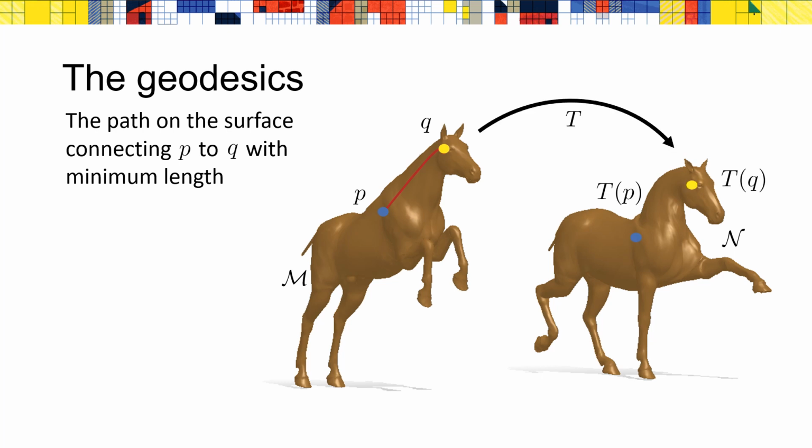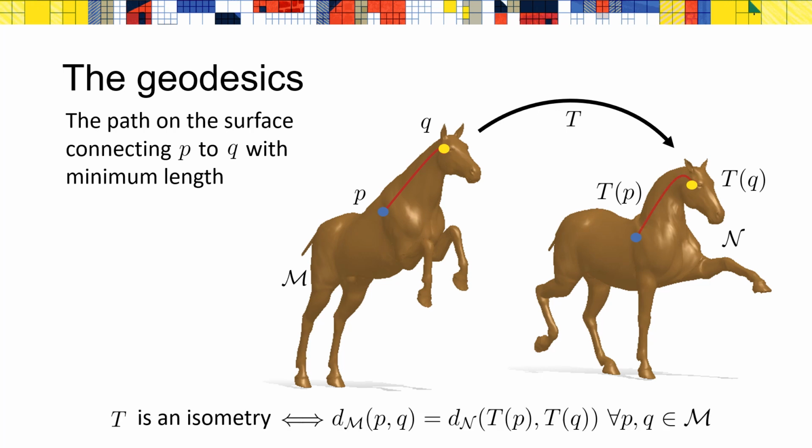If we have a map T between M and N, we can consider the image through this map of the two points P and Q, and T is an isometry if and only if it preserves the geodesic distance between the two points P, Q and their images through T.